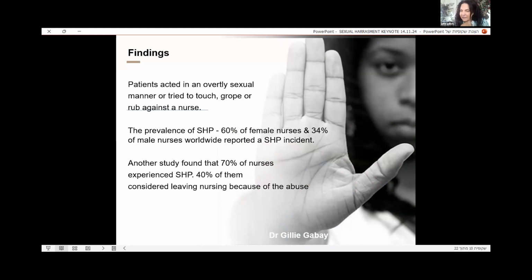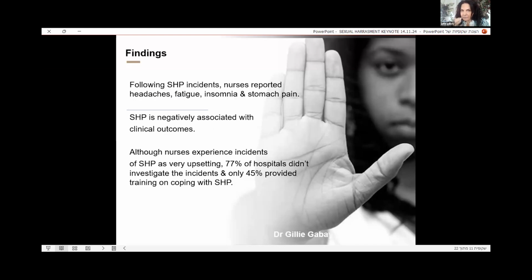In another study, 70% of nurses experienced harassment. 40% of them were considering leaving nursing because of the abuse. Findings: following the incidents of sexual harassment, nurses reported that they had headaches, fatigue, insomnia, and stomach pain.